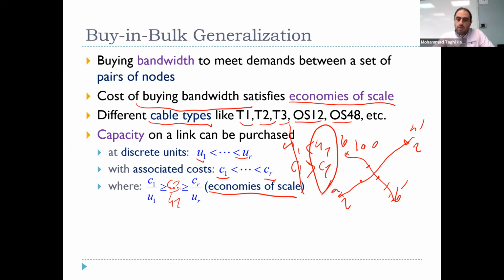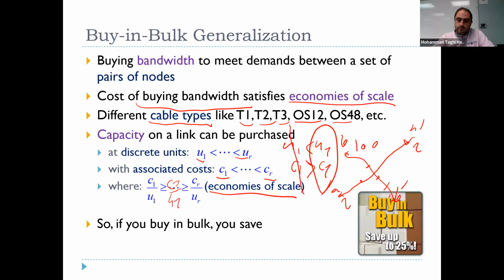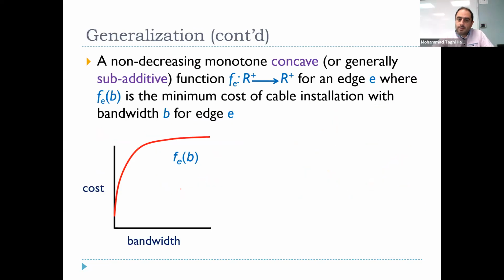Good. So that's about the economy of scale that we talk about, and this is buy-at-bulk. As I mentioned, if you buy in bulk, you save essentially. Almost any place you go, Home Depot or other places, you will see the same thing.